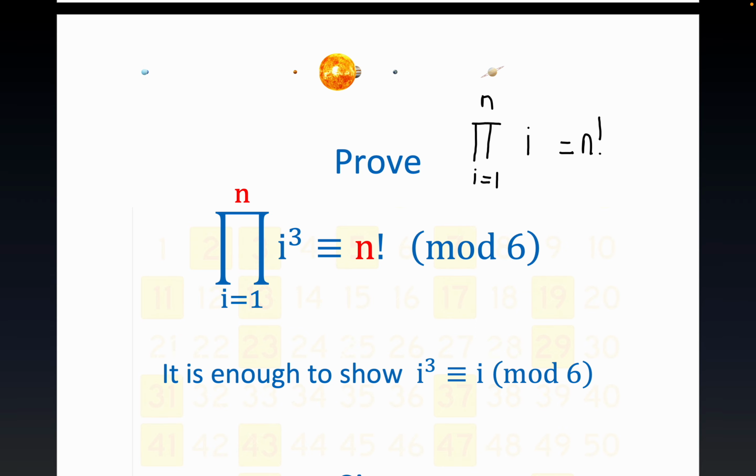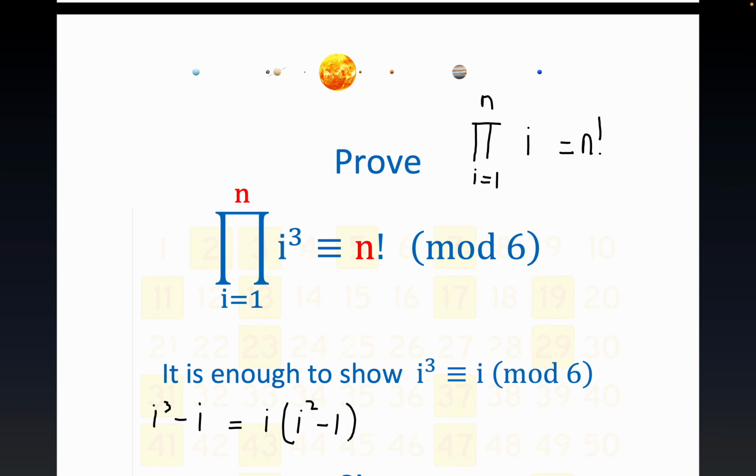Another way to do it algebraically is just to consider i cubed minus i. Because this is the same thing as saying, does 6 divide i cubed minus i? Same thing. Now notice this is equal to i times i squared minus 1.